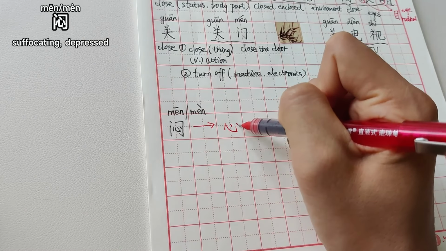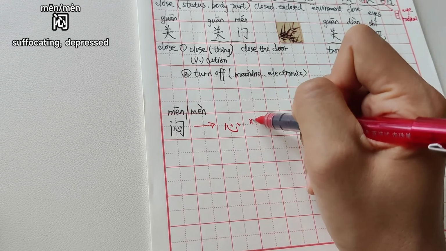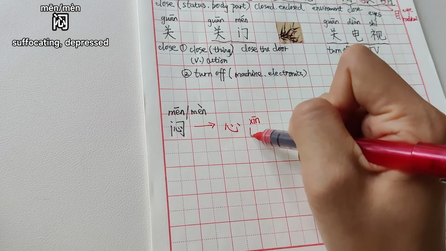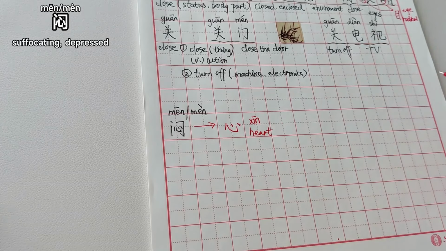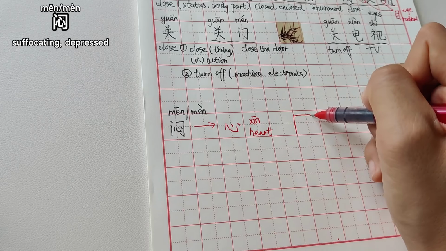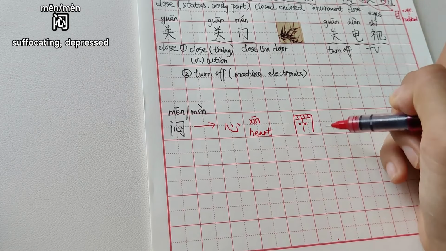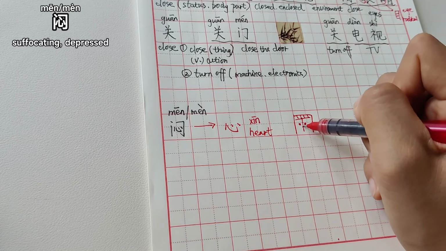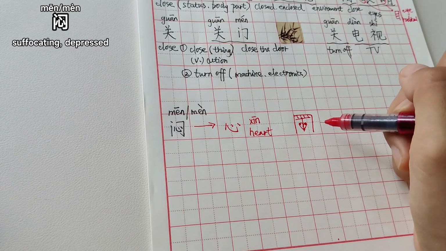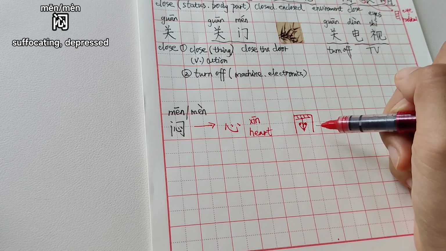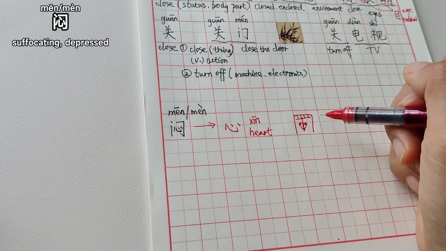Just like I mentioned, this is the 心 and it means the heart. So imagine this is a door, and then inside the door you put a heart. So it's kind of like you lock the heart in the room. That doesn't sound like a happy thing, right?